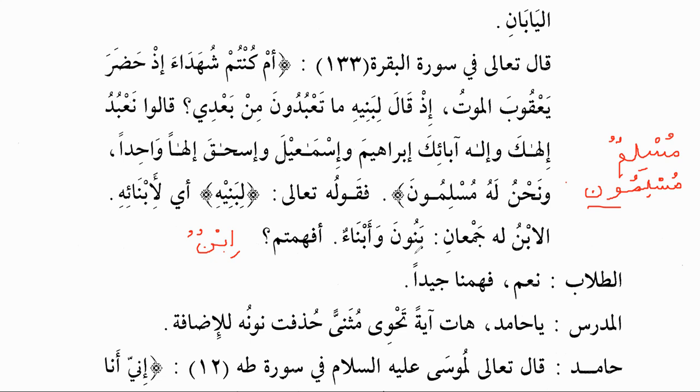So when I say banun, what is happening? A letter is being deleted. That means the structure is changing, and it is following the same jama muzakkar salim, adding waw and noon, but a letter is being deleted, the structure is changing, and waw and noon are added. That means it takes the rule of jama muzakkar salim, but it is mulhaq.